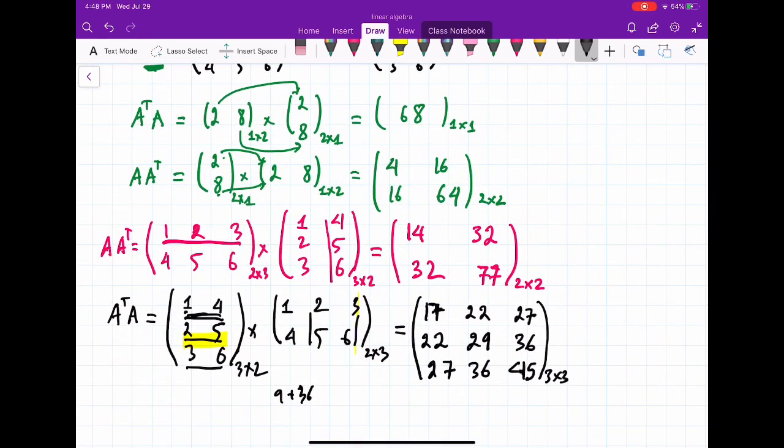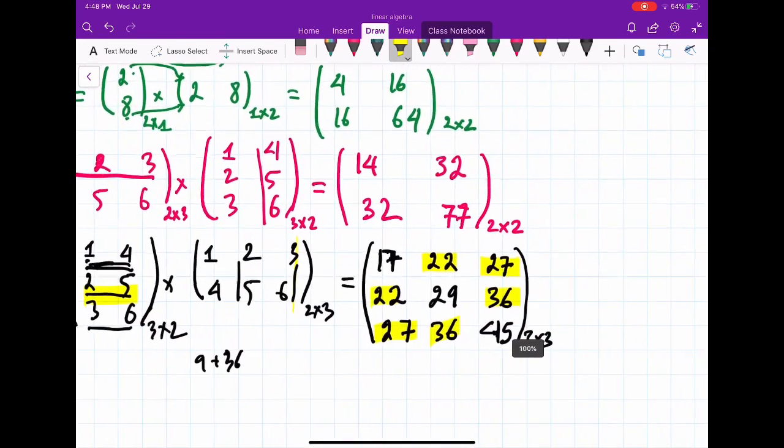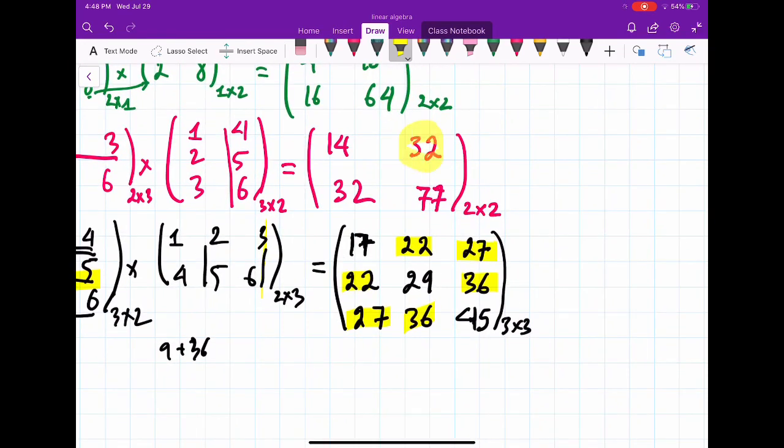Why I can do that faster than usual is if I have 22 in here, so I have 22 in here. If I have 27 in here, so I should have 27 in here. If I have 36 in here, I should have 36 in here. So what is interesting in here? If I have 32 in here, I have 32 in here.